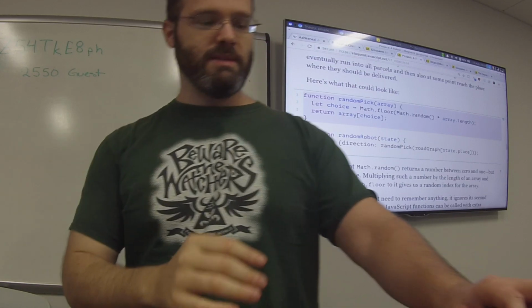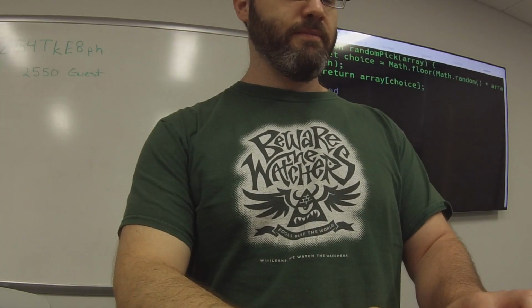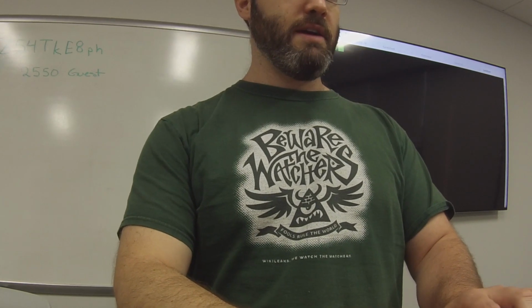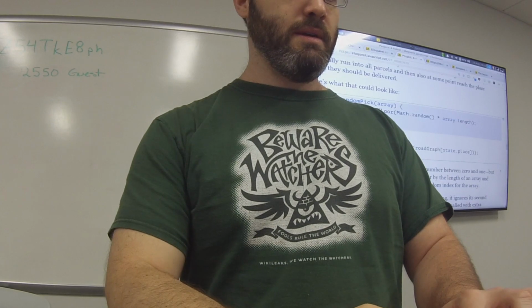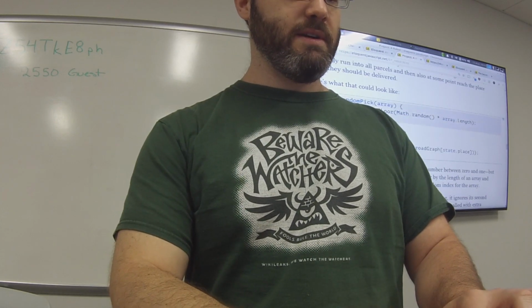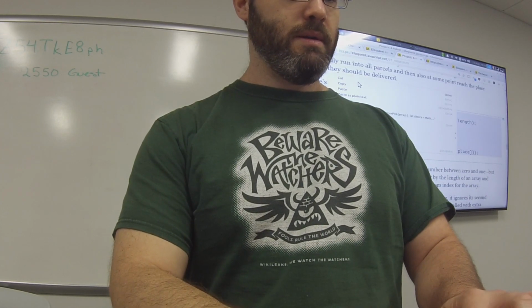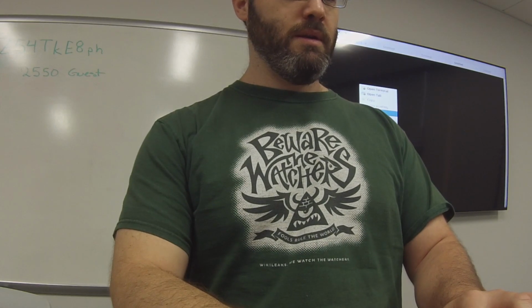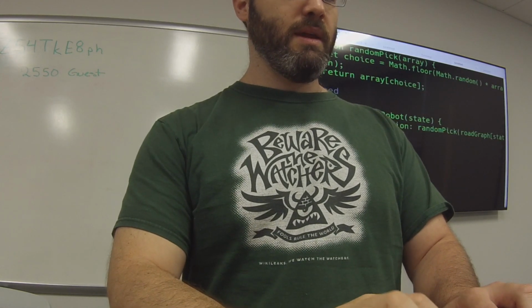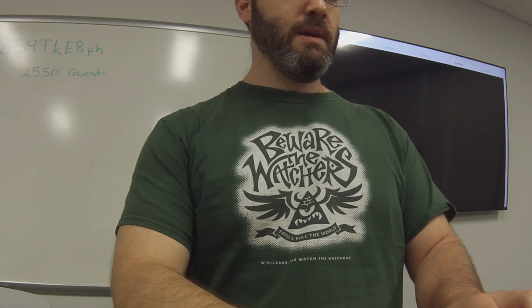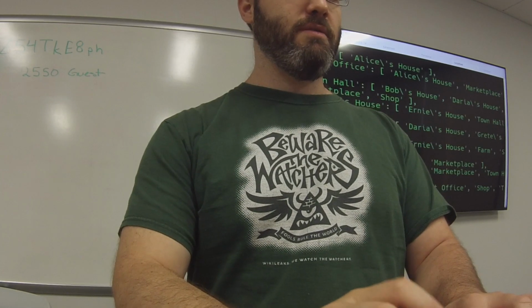Right? Okay, let's come down here to road graph. Let's clear that up. Actually, I'm going to paste both of these here. Okay, now we have both of those functions. And now we're going to look at road graph, right?